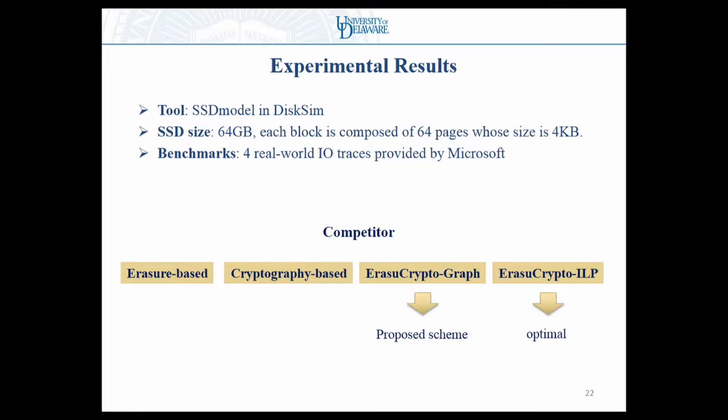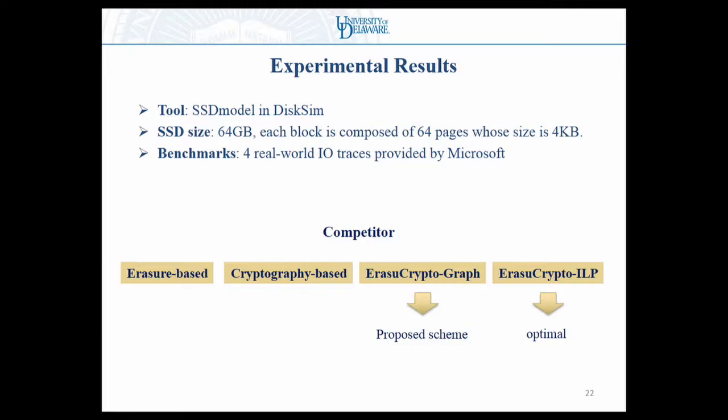I implemented all of these schemes in DiskSim and the SSD model provided by Microsoft. We used the Microsoft real-world traces that they collected from their servers. And then I compared these. The first two are the two intuitive solutions.